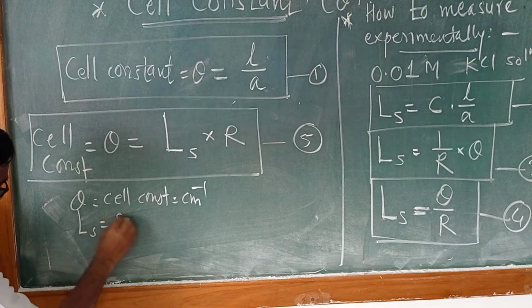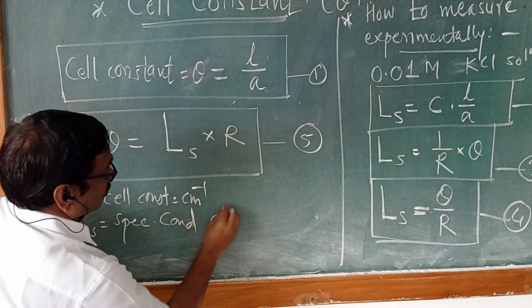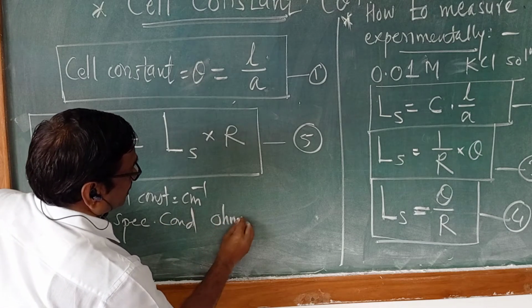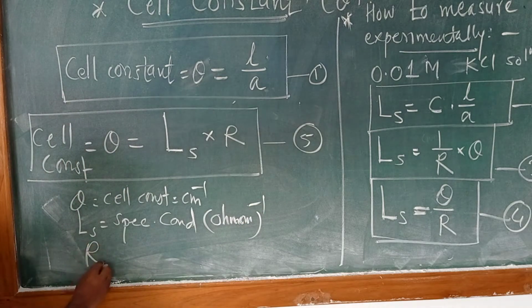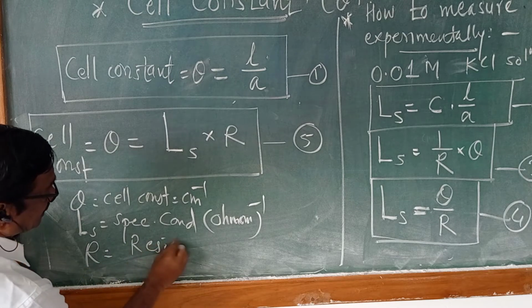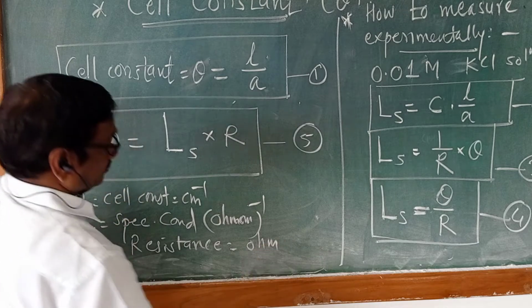Ls is the specific conductance, measured in ohm inverse centimeter inverse. R is the resistance of that conductor, measured in ohm.